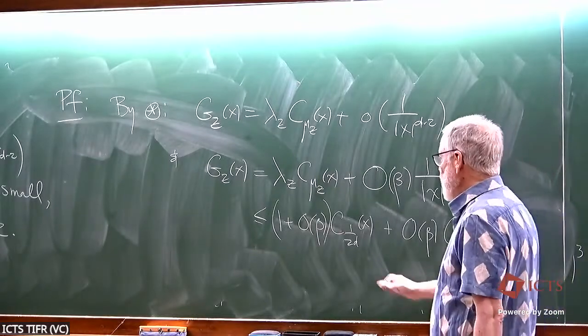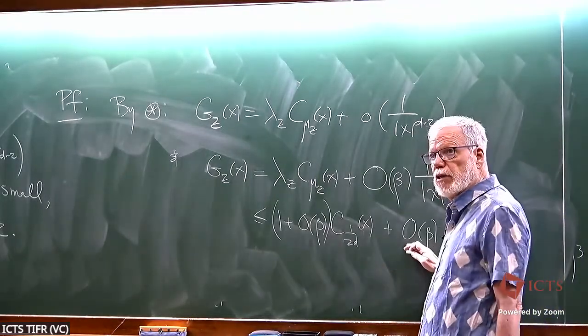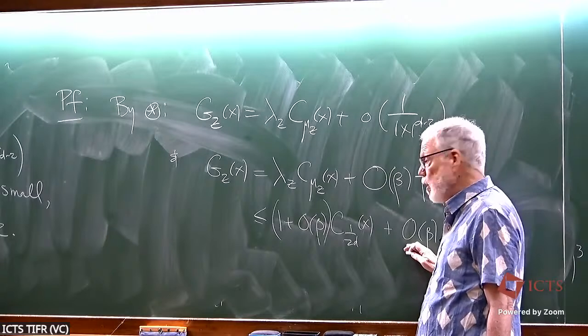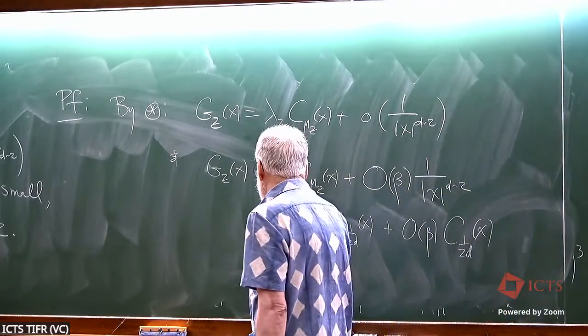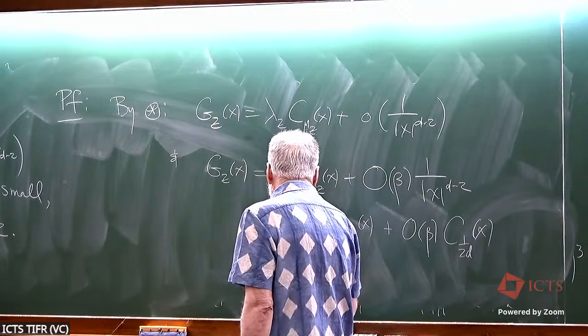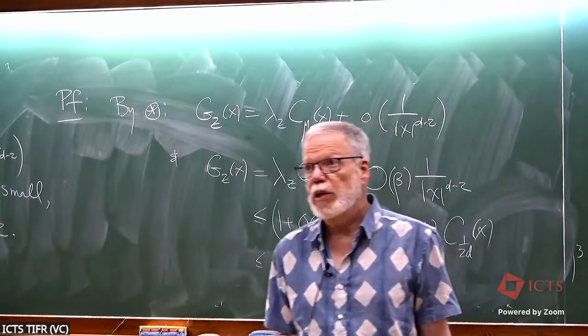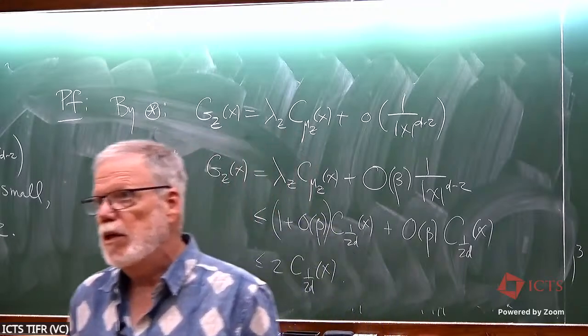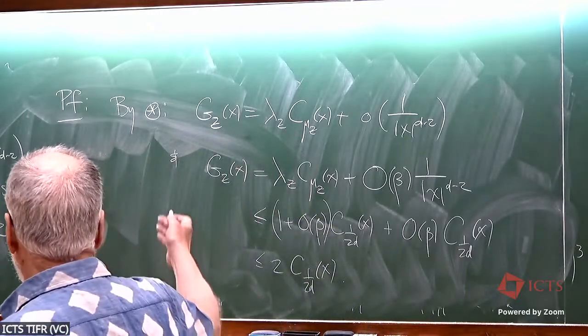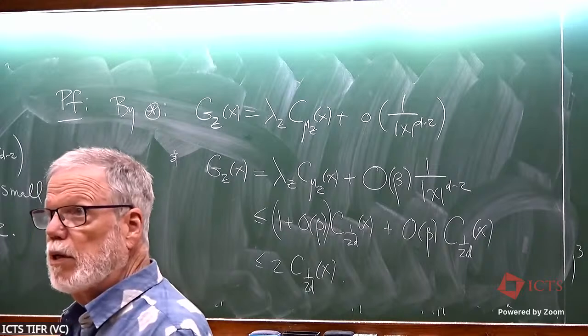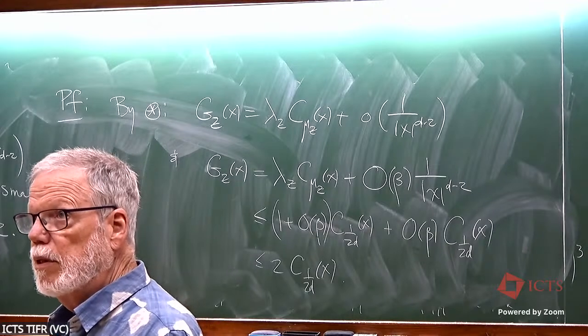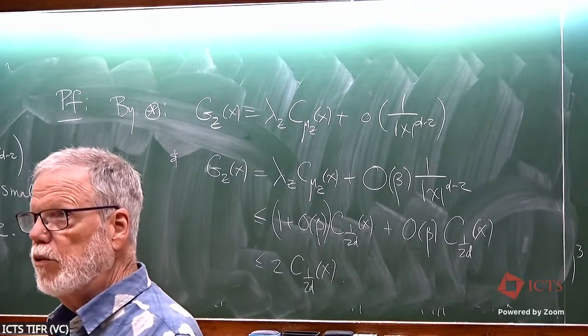So now I take beta small enough that these two O of betas add up to less than 1. And then this is less than or equal to 2 times C_{1/2d} of x. And that's the statement that B(z) is less than or equal to 2, right? Because B(z) was defined to be the sup over x of g_z of x over C_{1/2d} of x. So that ratio is just bounded by 2 for every x.